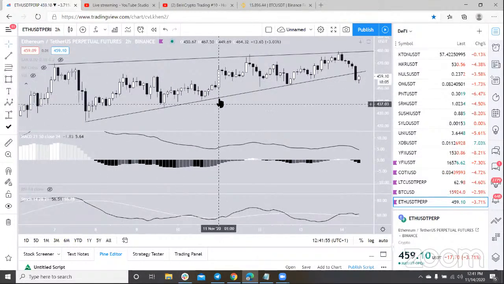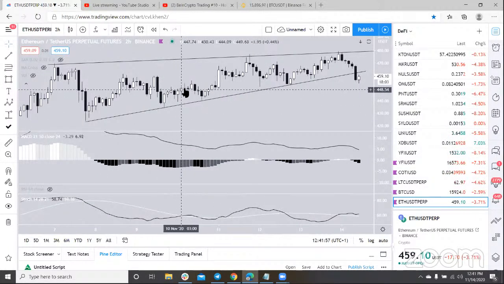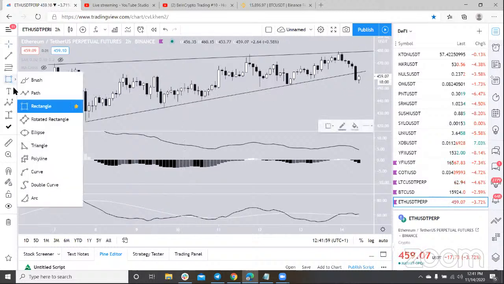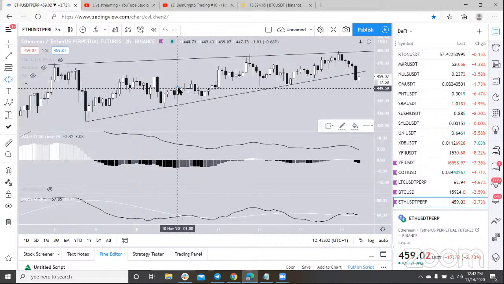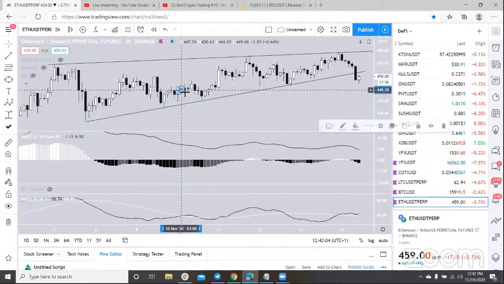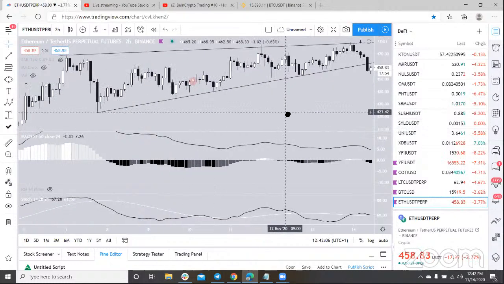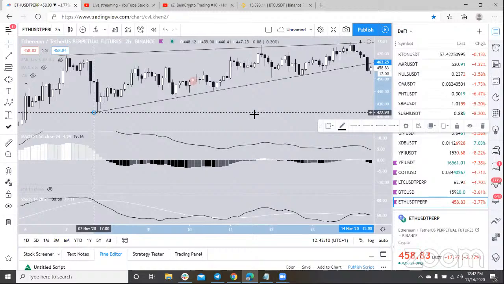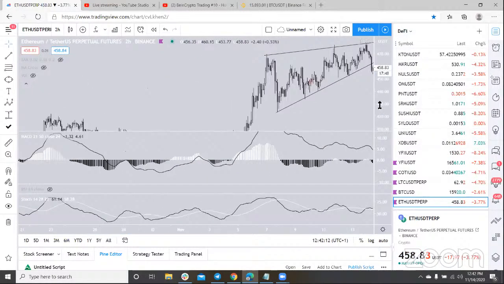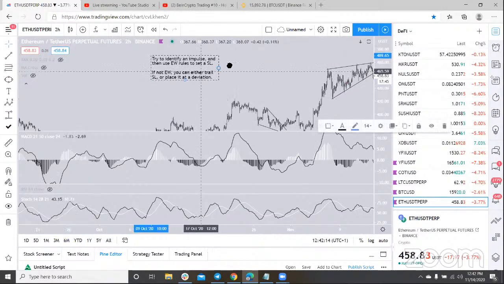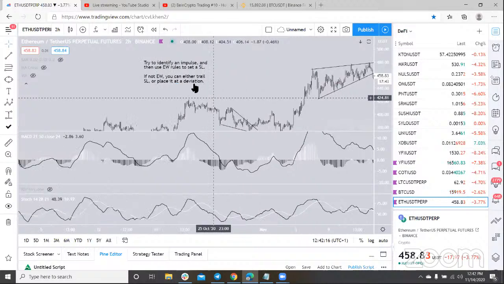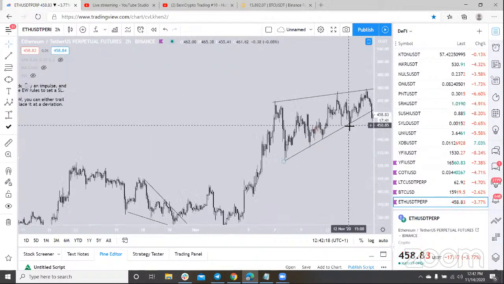So say that I entered here. Right here. Now, when I say below deviation, place the stop loss below a deviation. So either trail the stop loss or place it below a deviation.